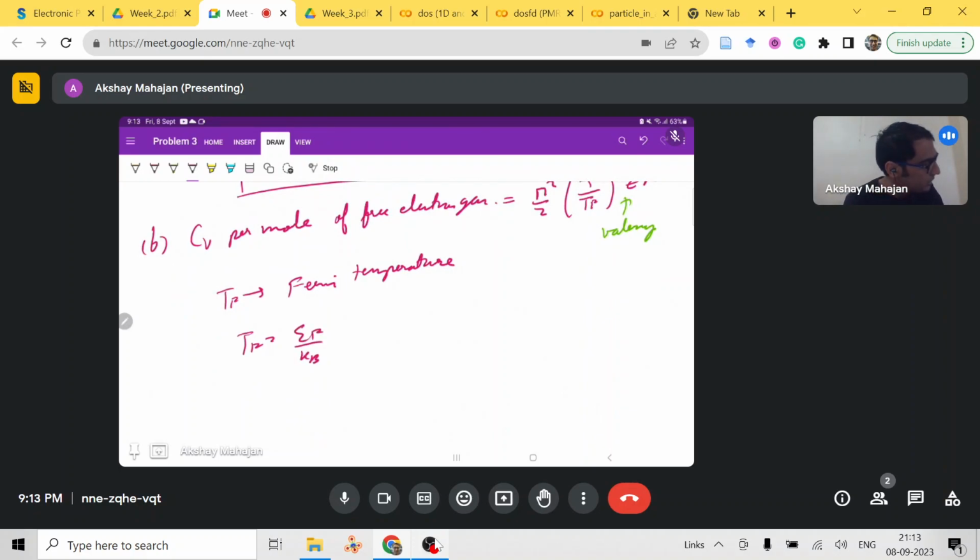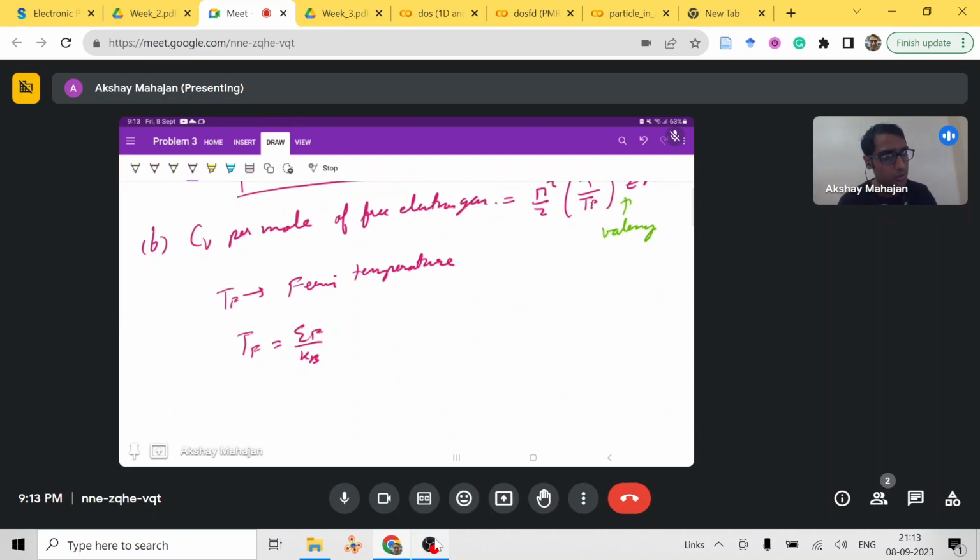Again we know that epsilon F we can write from KF in terms of N. So you can calculate KF and TF using that. In a similar way, writing epsilon F in form of KF and then writing KF in terms of N, you can calculate TF directly from the electron density as well.